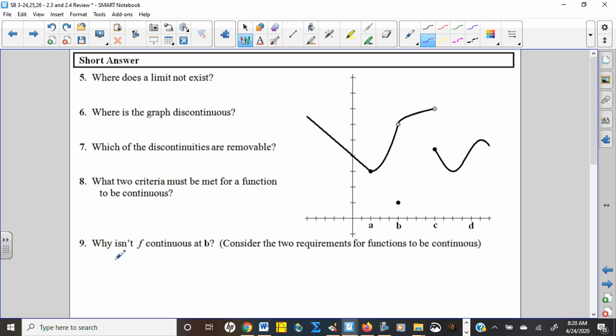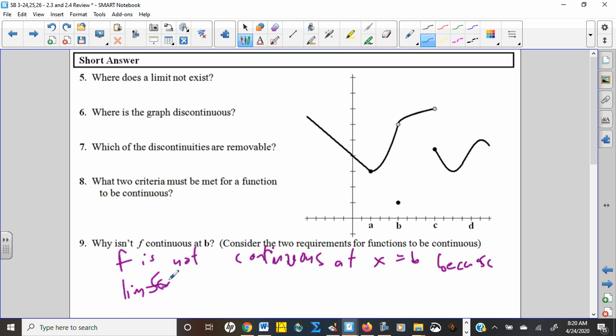A really good answer, I think, would be: f is not continuous at x equals b because the limit of f of x as x approaches b is equal to 7, but f of b is equal to 1, and clearly 7 is not equal to 1.